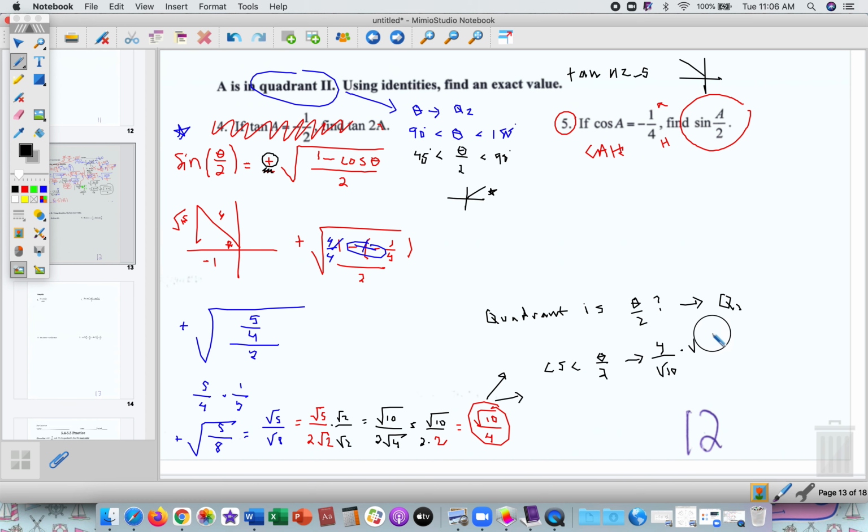I would multiply by root 10 over root 10, and then I would get 4 root 10 over 10. I could divide the 4 by 2 and get 2, and the 10 by 2 and get 5. So if someone said, what's the cosecant of theta over 2, you work with sine of theta over 2 because we have a formula for that, then flip that answer. That answer for cosecant of theta over 2 would be 2 root 10 over 5.